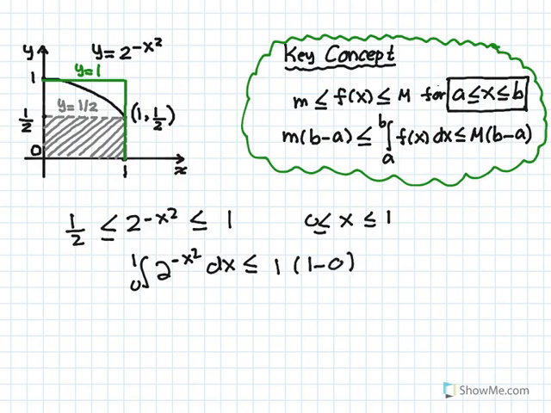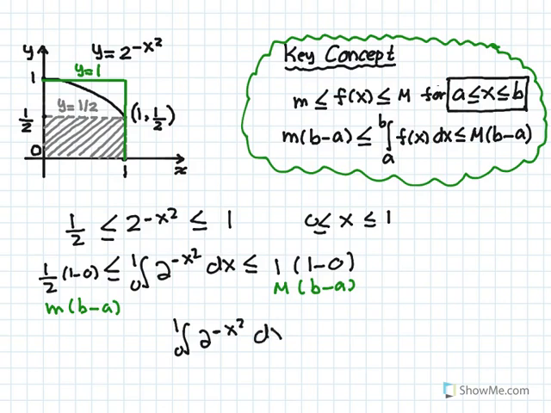This is capital M times b minus a. And larger or equal to 1/2 times 1 minus 0. And this is small m times b minus a. So we now have a bound for this integral from 0 to 1.